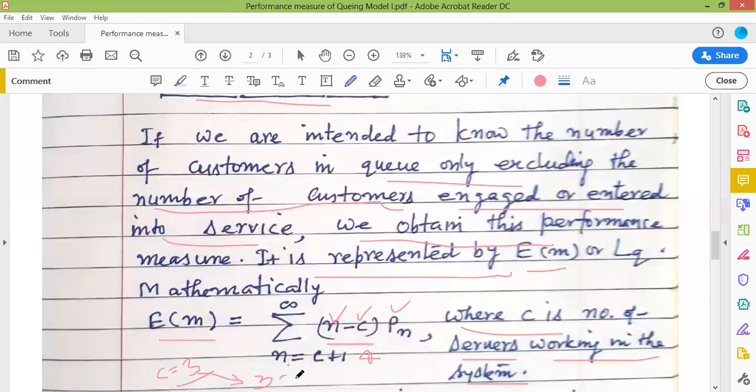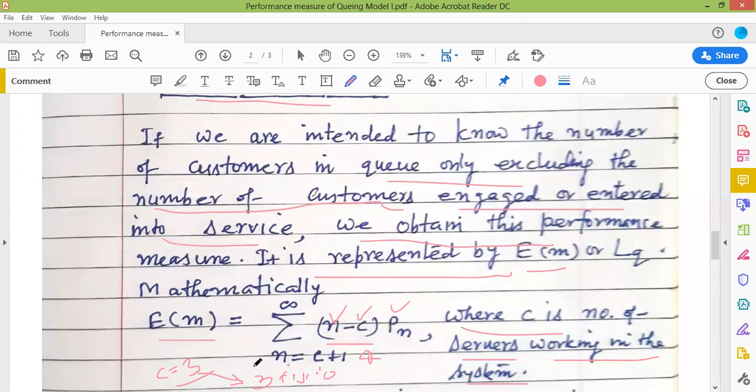Since three customers are in service, we will exclude these three and start from four.